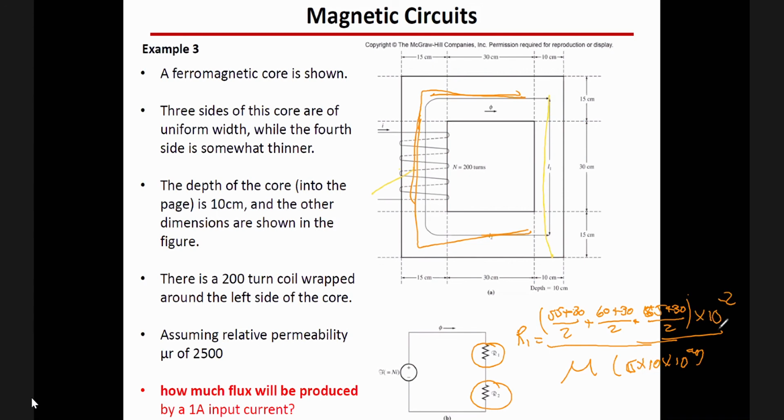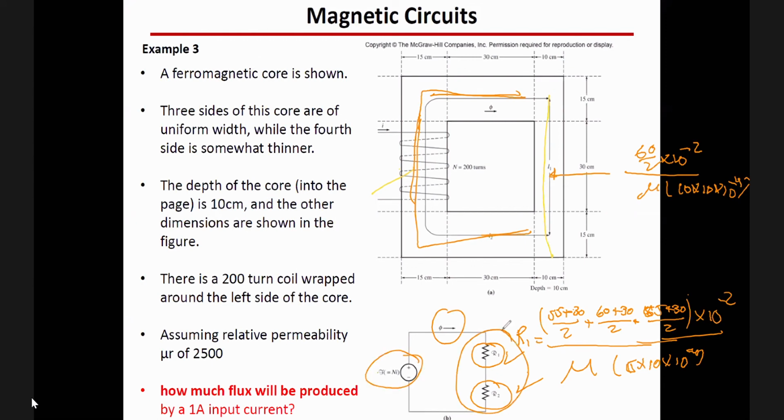R2 will be similar to before. And that's it. Once we find R1 and R2, how can we find the flux? Easy, Ohm's law: the source divided by R gives me the flux, with both of them, R1 plus R2, in series.